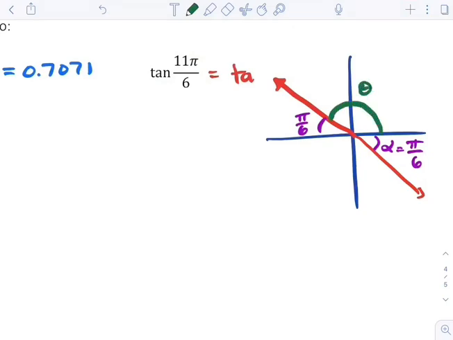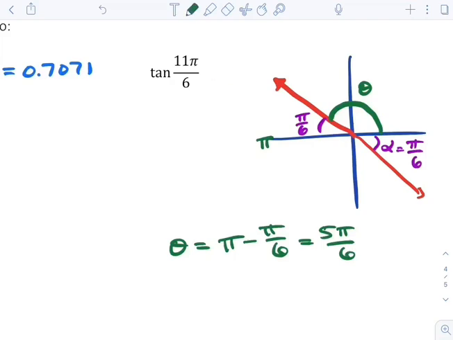I want to know the angle for that. I know that pi is here, but we're less pi over 6. So my principal angle is equal to pi minus pi over 6, which is 5 pi over 6. That tells me that tan 11 pi over 6 is equal to tan 5 pi over 6.